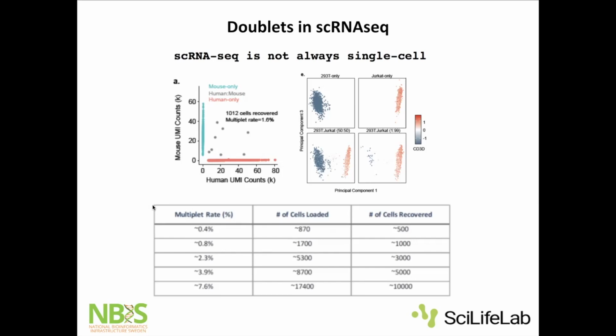They've done some experiments with mixed samples and so on to estimate the doublet rates for their different protocols, which you can have a look at on their website. In this case, it's a very clear example with human and mouse. Most of the cells have either only human or mouse mapping, and then you have some cells in the middle that are mapping to both species.